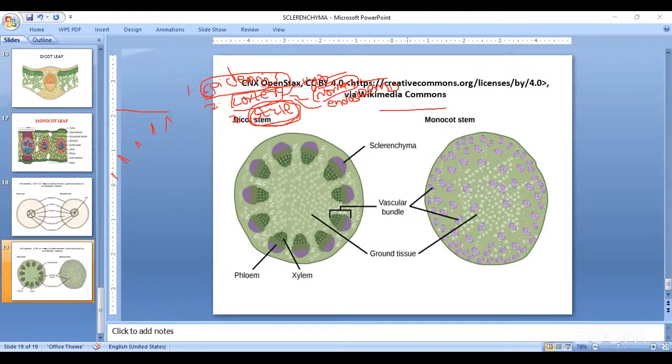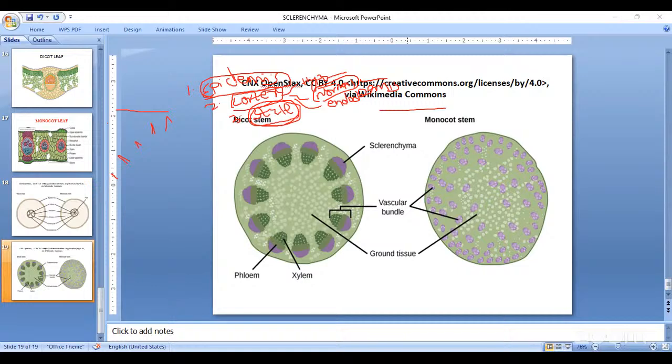And next, another important point, vascular bundles. The vascular bundle arrangement in dicot is as a ring. You can see in the diagram as a ring, and the type of vascular bundle is different when compared with the root, both dicot and monocot root.